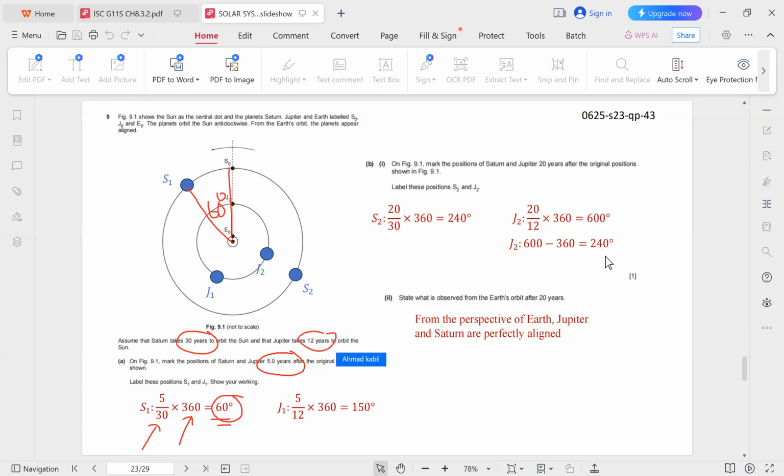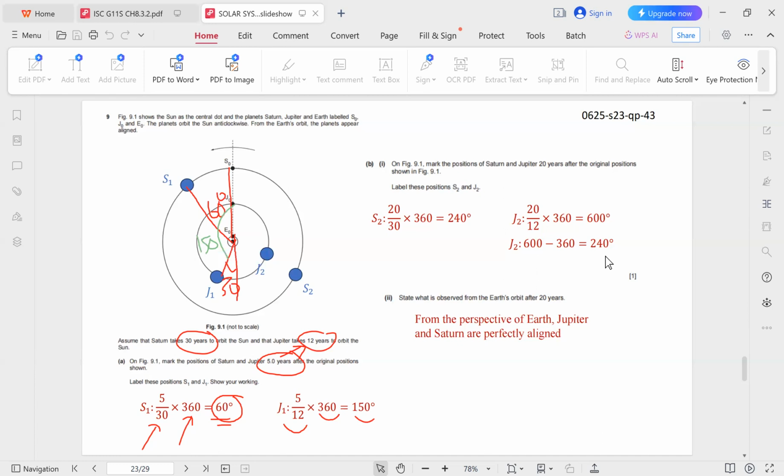So how much of the cycle has it completed? That would be 5 divided by 12, and we multiply by 360 to get the angle. So the angle is 150. So we just assume that this angle here is like 30, for example, so that the large angle here is roughly 150 degrees.